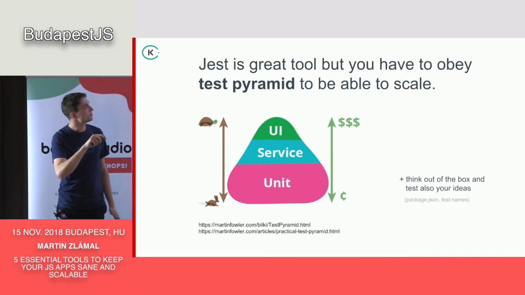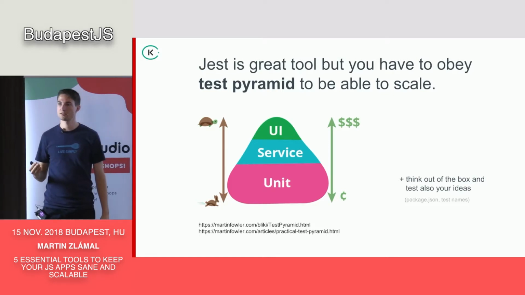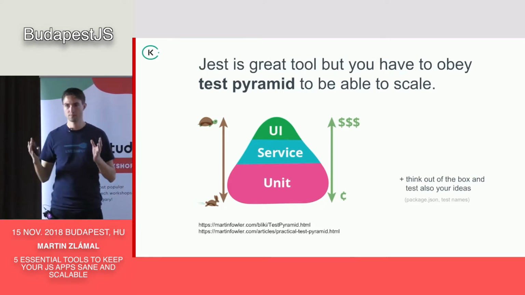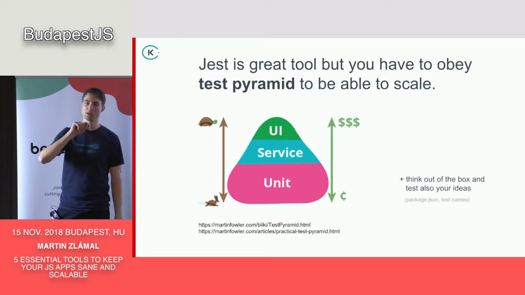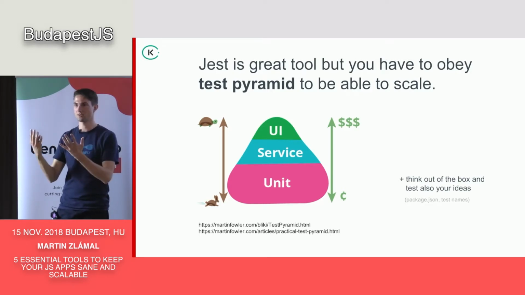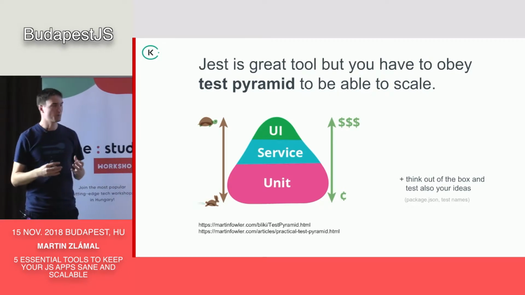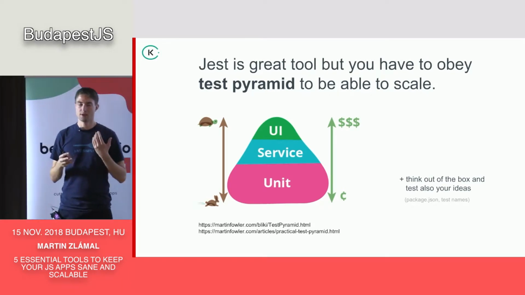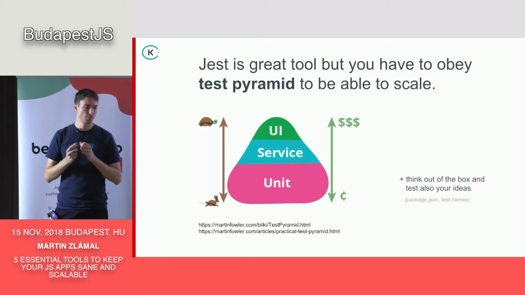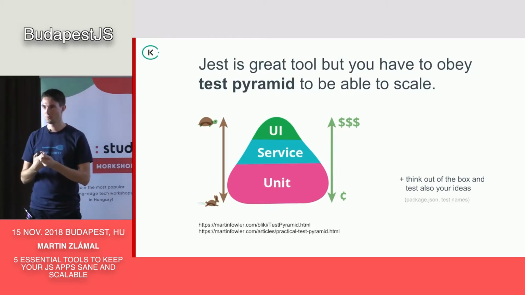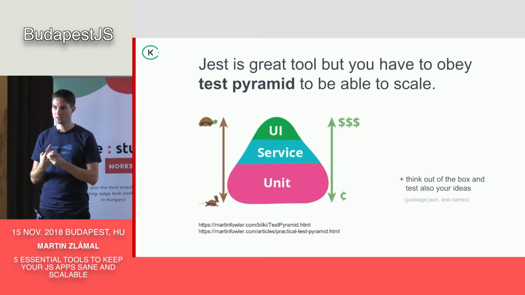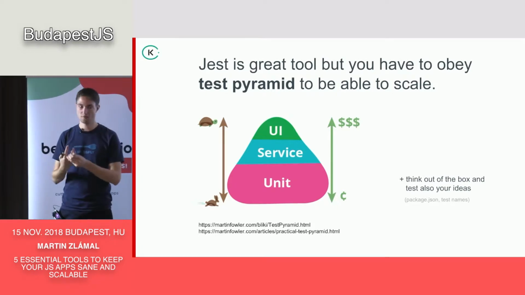The last part of the pyramid is UI tests, where basically you take the whole website and your robot is going to click on the elements and check that the website is actually doing something. The problem with these tests is that they're relatively easy to write, but they're very expensive to maintain into the future, and very expensive to run because they are slow and they are flaky.